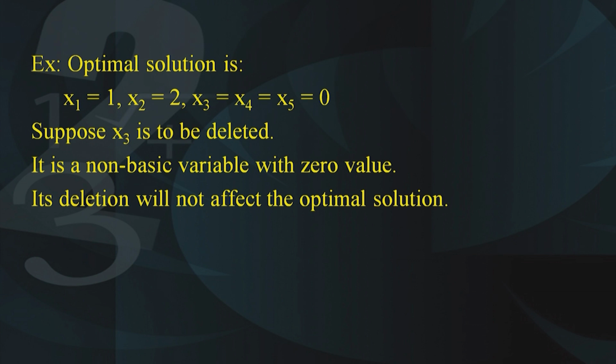Now, let us look at the initial and the final table again. This is the same table that we have seen in the beginning of the lecture. I have just shown it again to indicate the initial table and the final table entries. Now, if you look at this initial and final table, there are a couple of observations. For example, the optimum solution is given by x1 equal to 1, x2 equal to 2, and x3, x4, x5 all three are equal to 0.